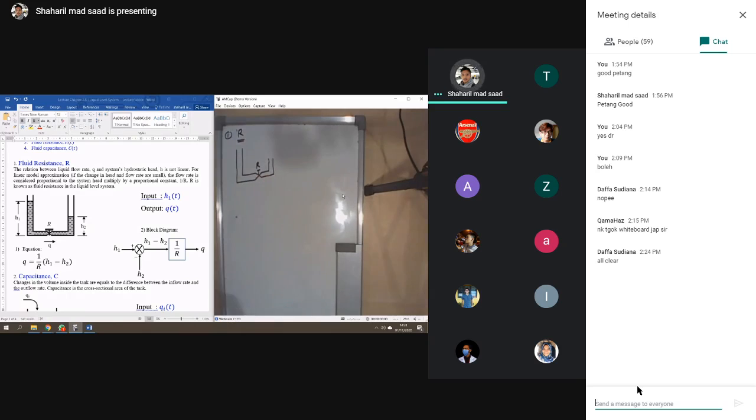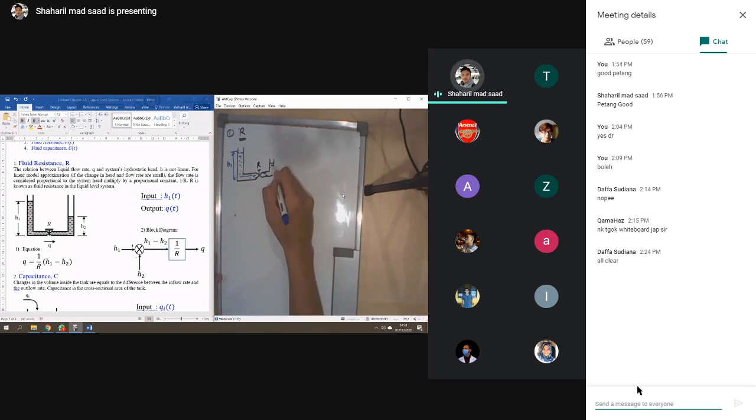So this one is R, and the height for this one is H1, and when you open your valve, you will have this one, H2. Then we want to look at the flow rate at this valve, or the resistance here, R. We want to look at Q, the flow rate.